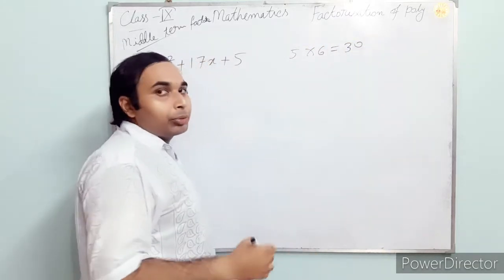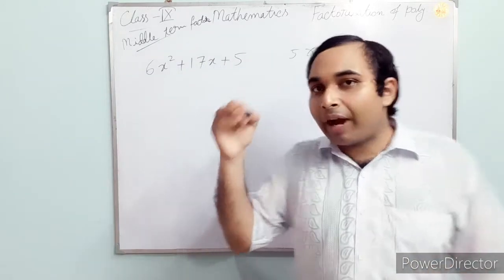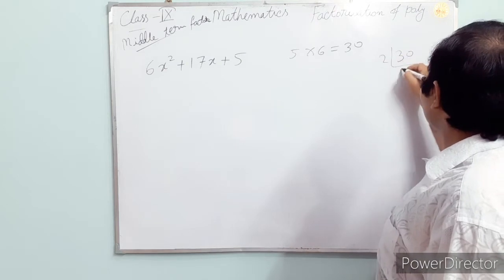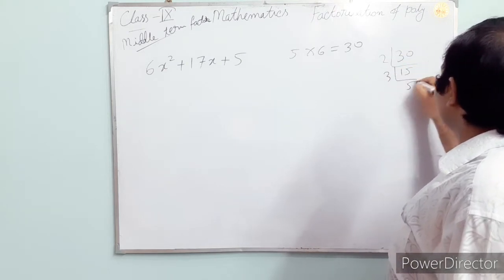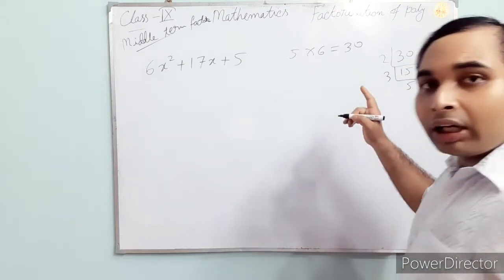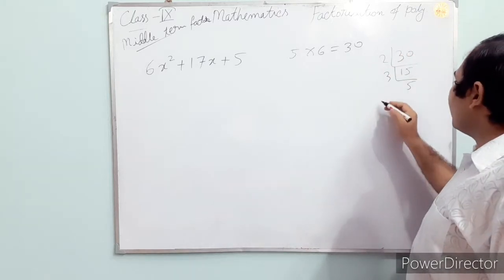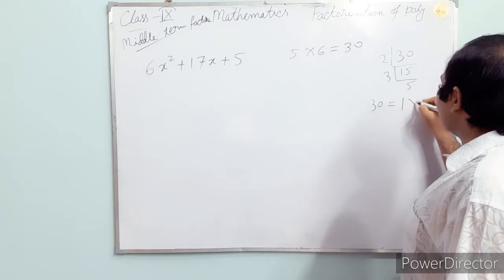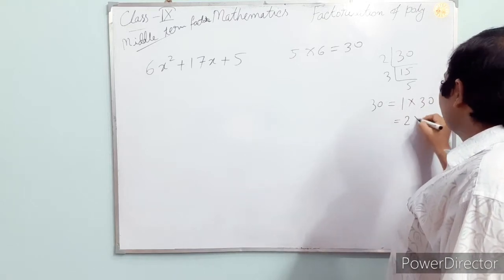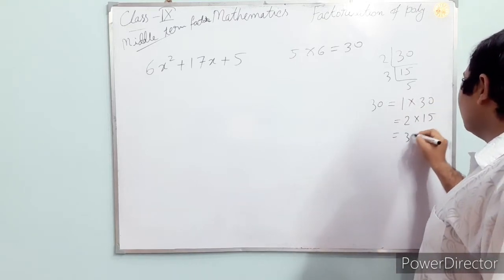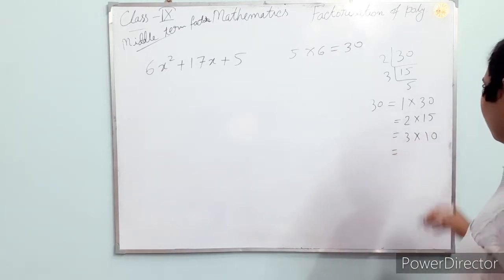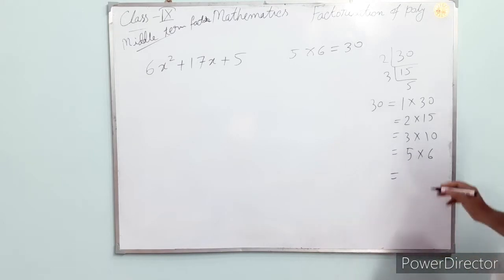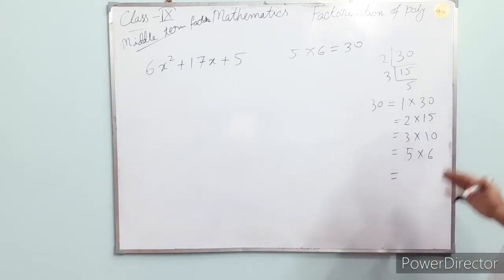Now we have to do the factorization of 30 at first. So what are the pairs? Here 30 equals, we can write 1 into 30, then 2 into 15, then 3 into 10, then 5 into 6, those are all.